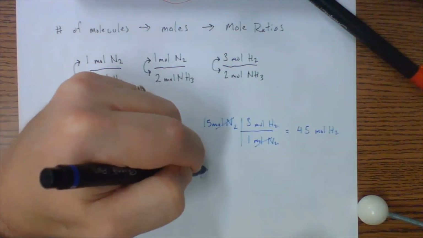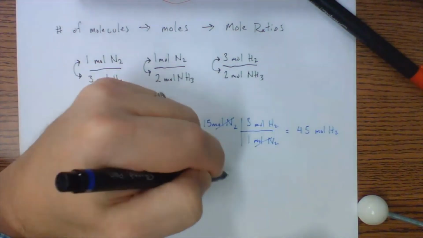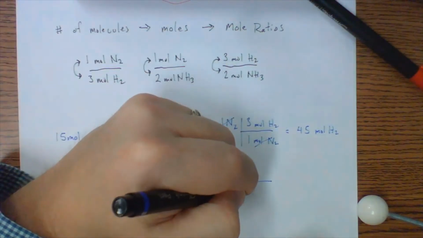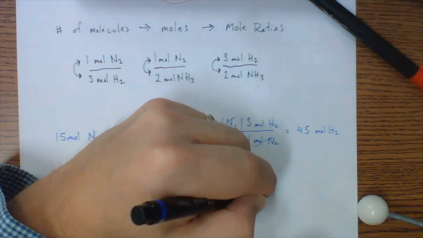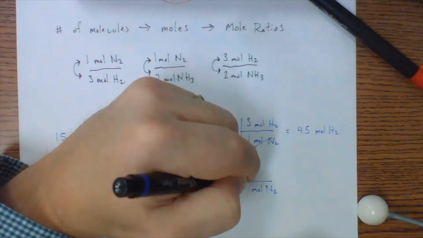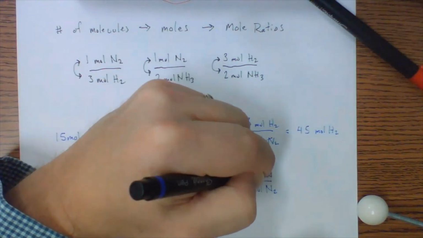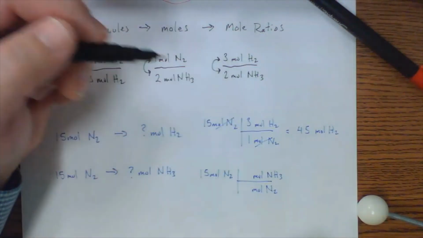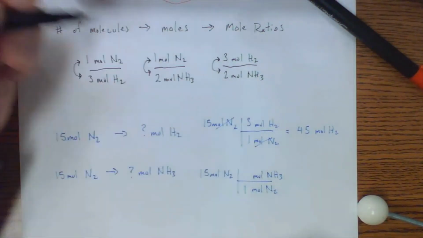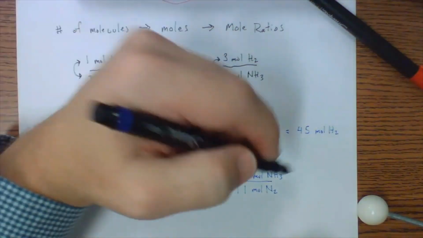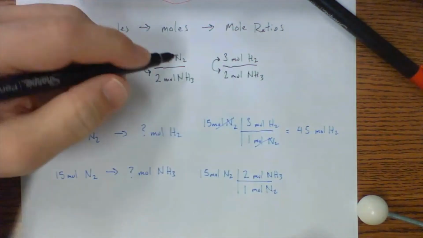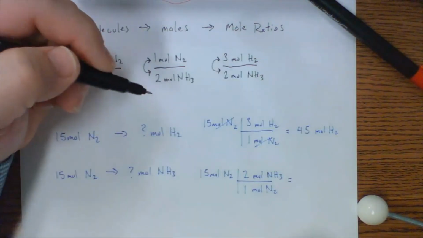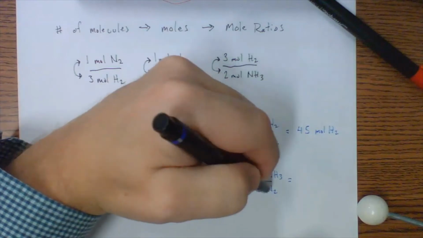So I'm going to start again with my 15 moles of N2, and then I'm going to get rid of my moles of N2 and convert that into moles of NH3. And that relationship again is going to be for every 1 mole of this, I'm going to produce 2 moles of this. So that's like using that relationship but in reverse. And then we're going to see what we get here. So my moles of N2 cancel.